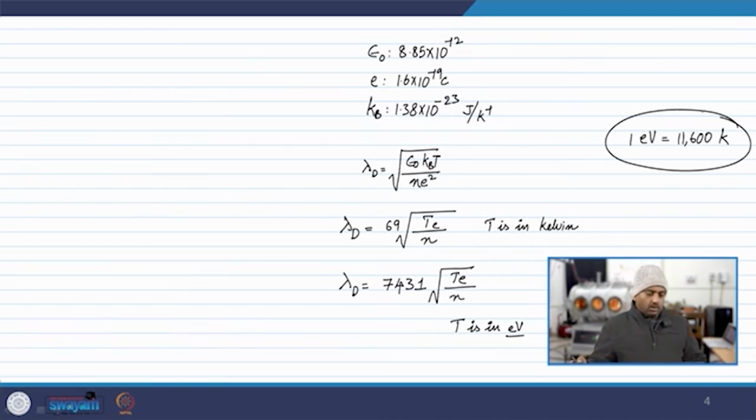Okay, right. So, this is about Debye length. Whatever we have discussed pertains to the understanding of Debye length. What we have learnt in this module is that plasma has a unique characteristic of exhibiting collective behavior, and because of this collective behavior, it is able to screen out external electric fields or external charges.